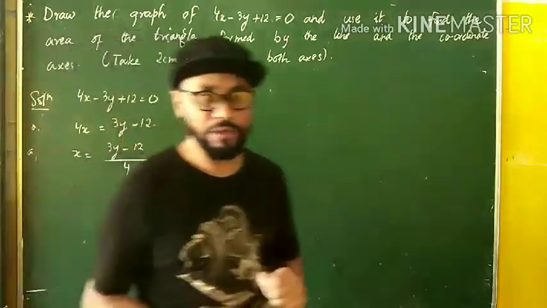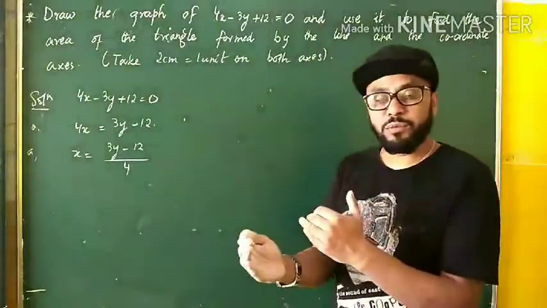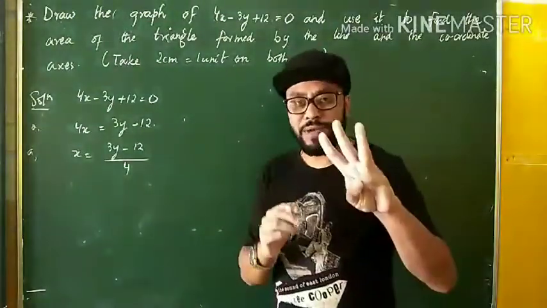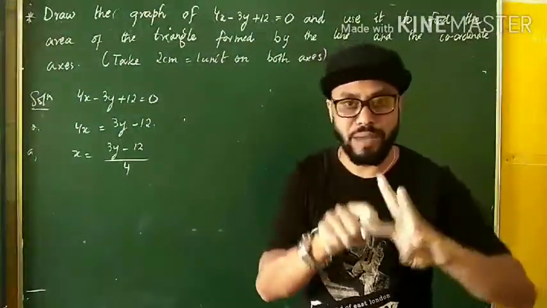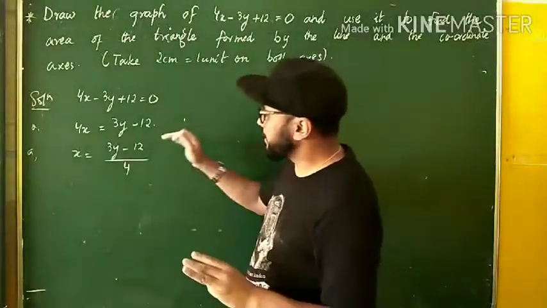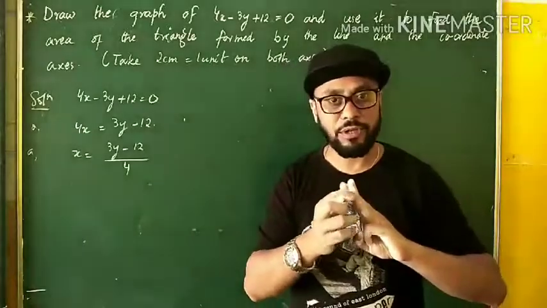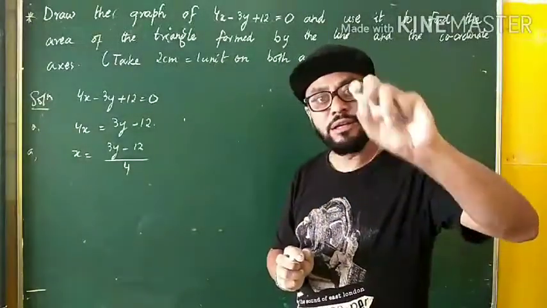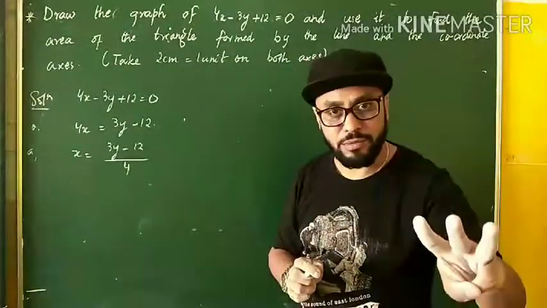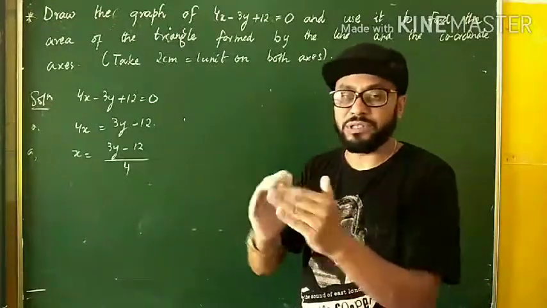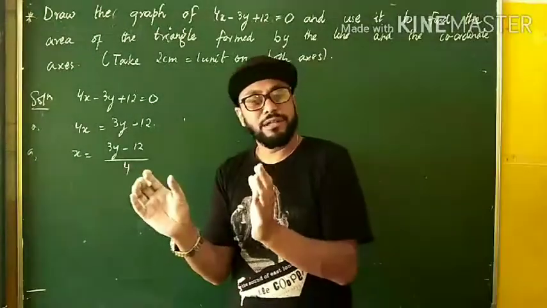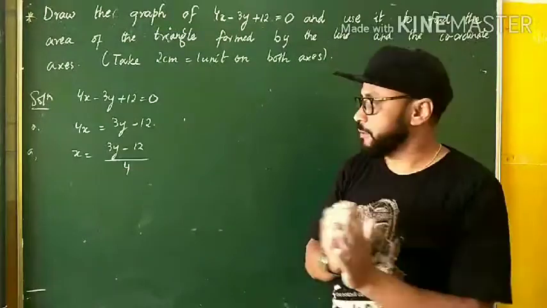Now, one important thing. In the previous example, we took three values randomly, 0, 1 and minus 1. So I suggest that if we don't have a denominator, then you can take any three values, and the three values that we take are 0, 1 and minus 1. That will be easy to plot, because if you take bigger values, then they won't fit on the graph paper.